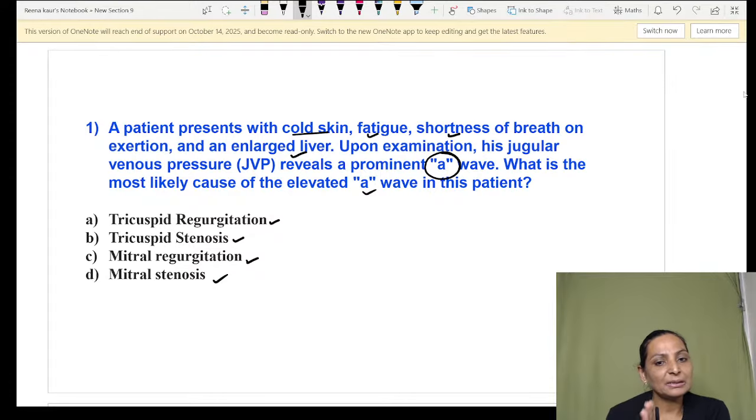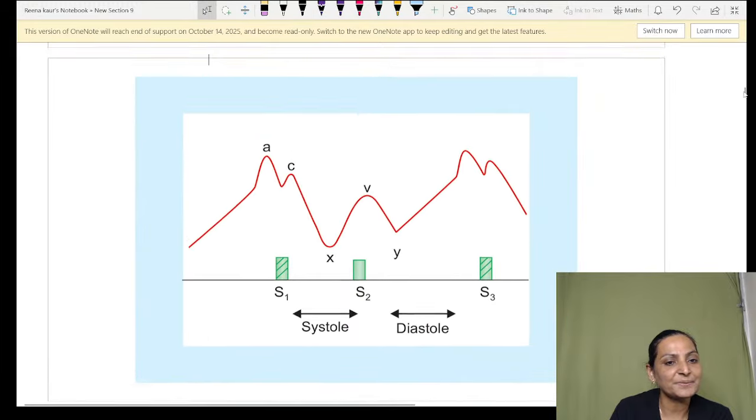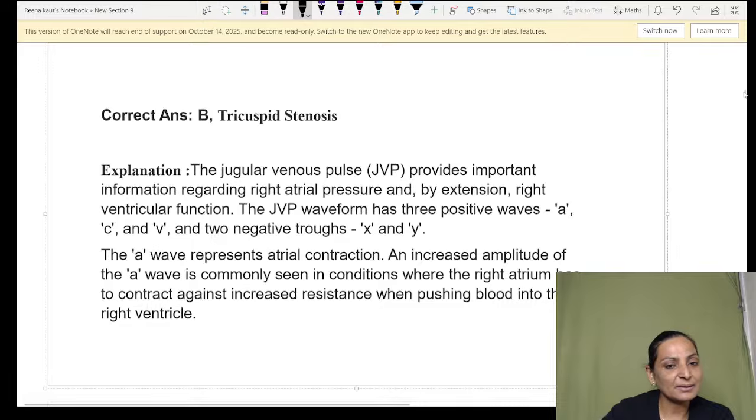So we are given the clinical history of cold skin, fatigue, and shortness of breath. On clinical examination, enlarged liver, and JVP shows a prominent A wave. All these conditions, which are clinical as well as related to different signs and symptoms, should be coupled together, and you will see that the correct answer here becomes B, tricuspid stenosis. So the correct answer is tricuspid stenosis.